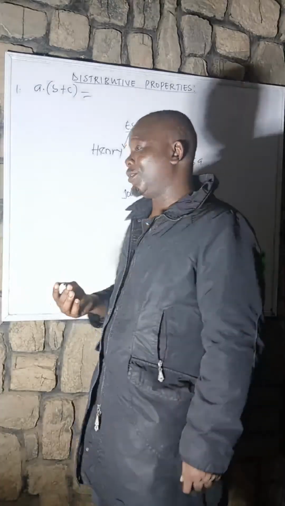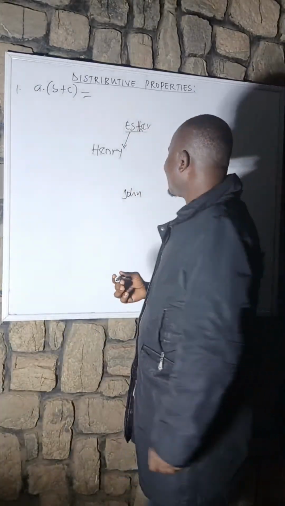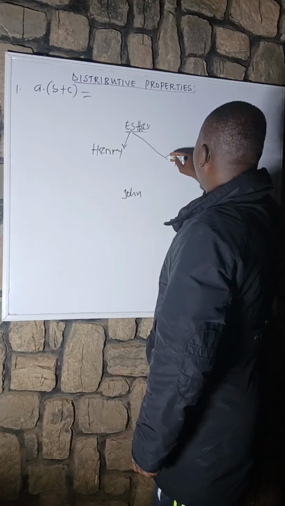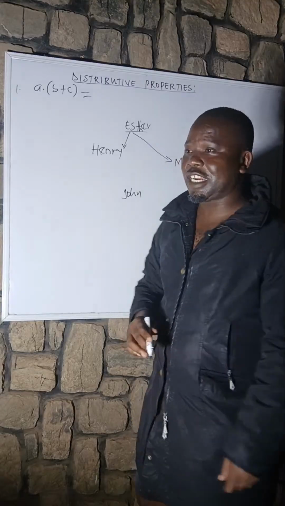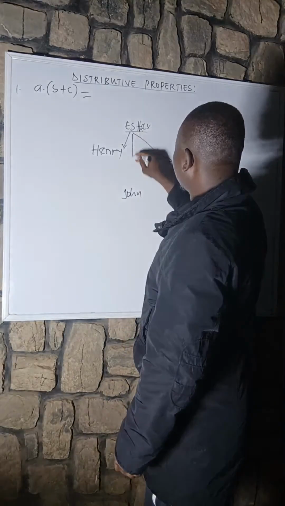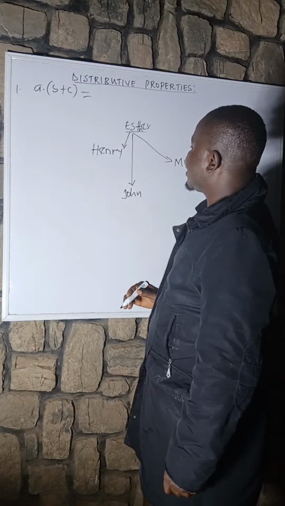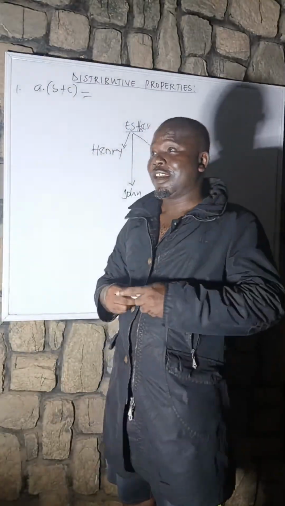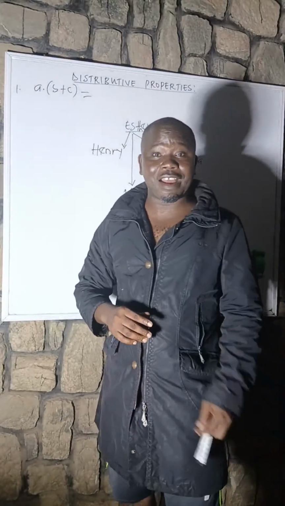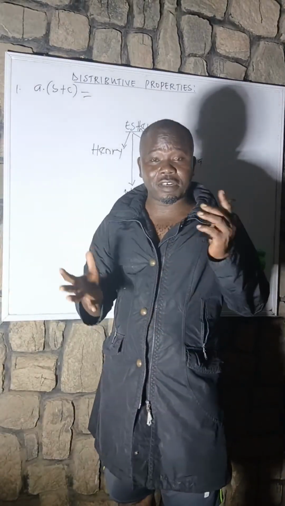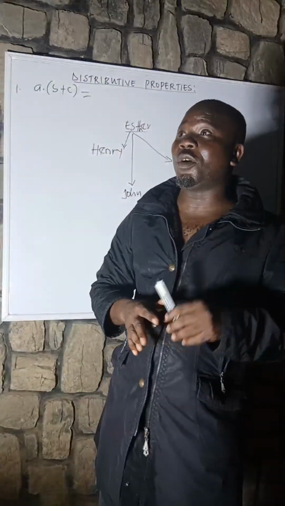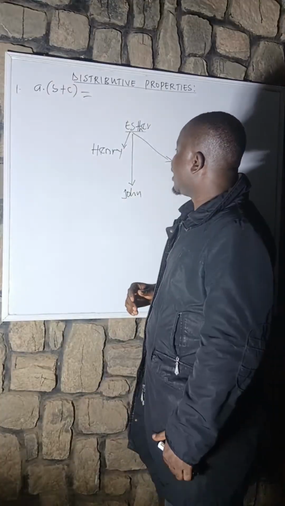It's only them that know what they are collecting. Musa too will go and collect his own share. Then John too will go and collect his own share. But I don't know actually what John, Eddie, and the rest are going to collect from Esther. I'm just trying to explain this mathematics in a way that every one of you will understand.